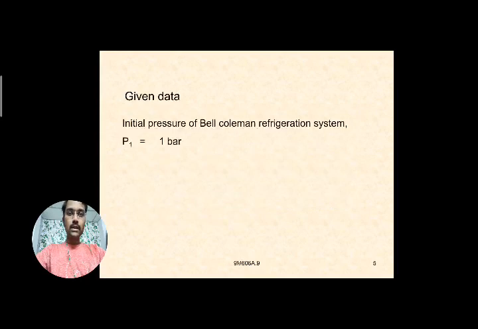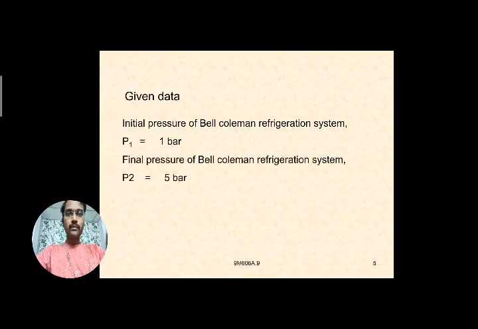First, the 1 bar which is given is the initial pressure of the Bell-Coleman refrigeration system. If you observe the PV diagram, starting from point 1, the value is taken as P1, which is equal to 1 bar, and the final pressure is after compression. If you observe the PV diagram, the pressure increases and the volume decreases. The final pressure of the Bell-Coleman refrigeration system is equal to 5 bar.